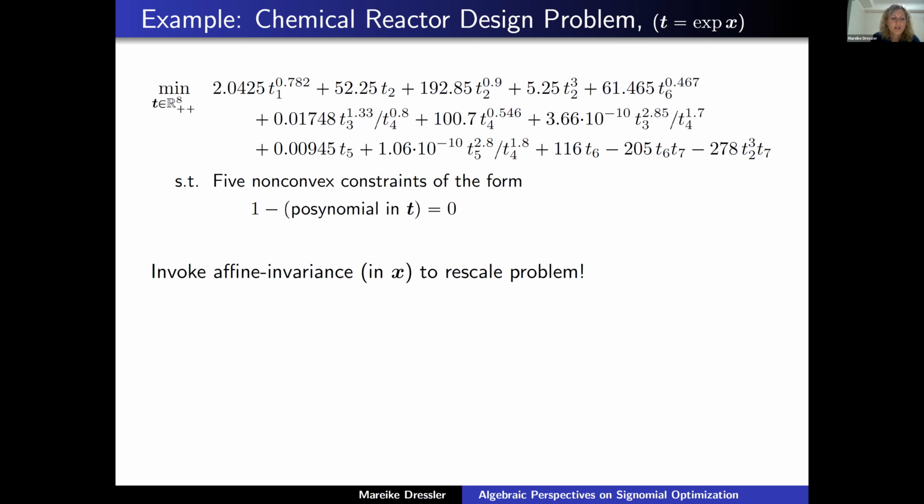First of all, the initial problem is really terribly scaled. If you look at the objective function, the coefficients already span 12 orders of magnitude. So trying to solve even the lowest level Sage relaxation with Mosek returns an unknown status code.